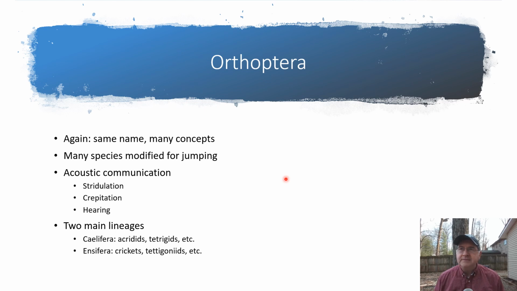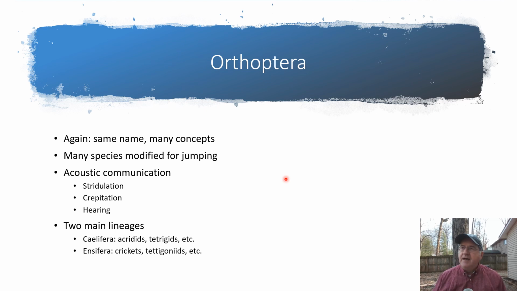In the older literature, and I'm not talking that old, I'm talking about when I was beginning to study taxonomy, the Orthoptera included not all Polyneoptera, but a great many of the larger groups, including the cockroaches and the mantids and the walking sticks and things like that. Some of the really weird things like Zoraptera were never placed in Orthoptera, but Orthoptera used to be much more comprehensive. So if you see the term Orthoptera, you need to be sure that you and the author or the speaker are on the same wavelength, talking about the same group.